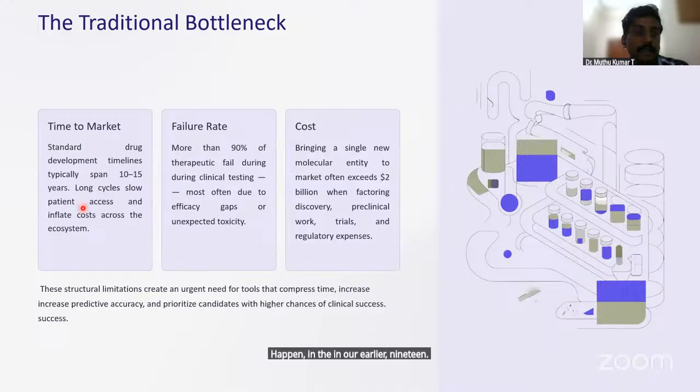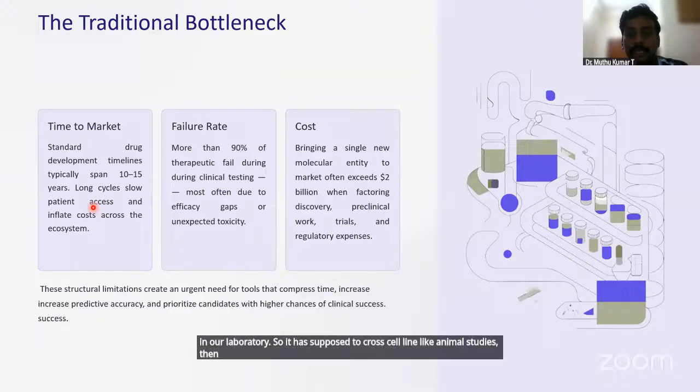The major drawback is timing. When a drug is designed in the laboratory, how much duration does it take from the laboratory to the market? If you are from a pharmaceutical background, you may know that once we test the drugs in our laboratory, they must cross cell lines and animal studies.